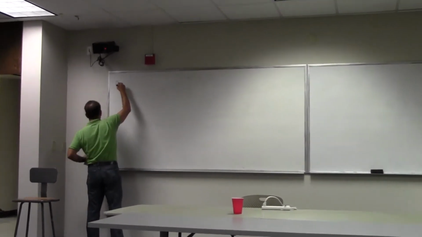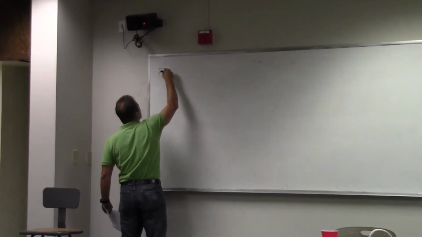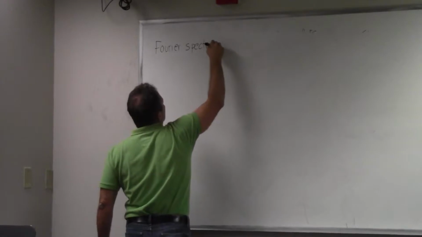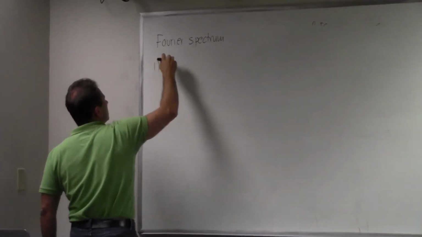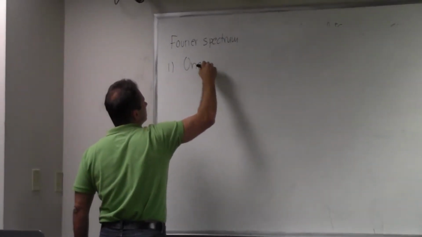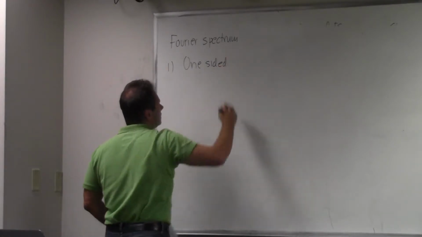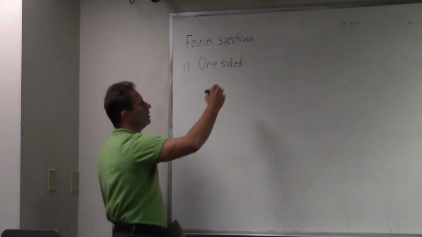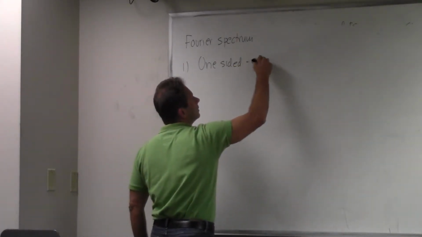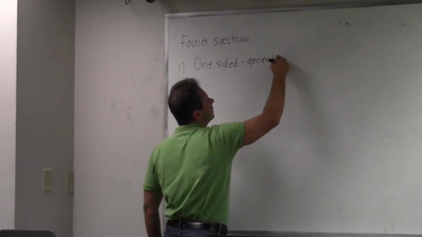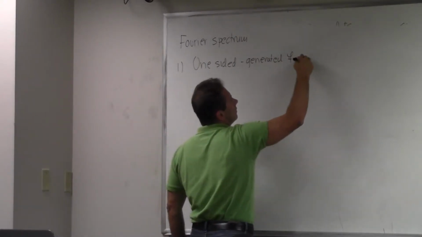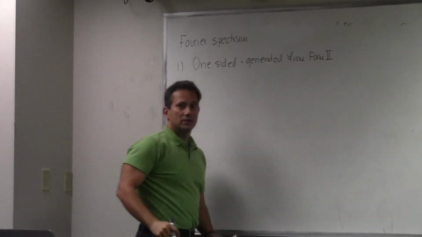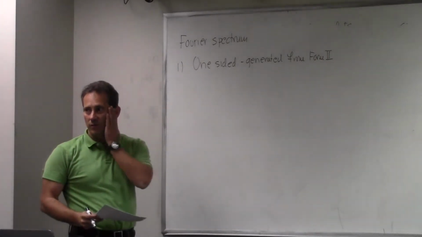So, Fourier spectrum. The first one I'm going to talk about is one-sided. This one is generated from form 2, or as your book calls it, compact trigonometric form.